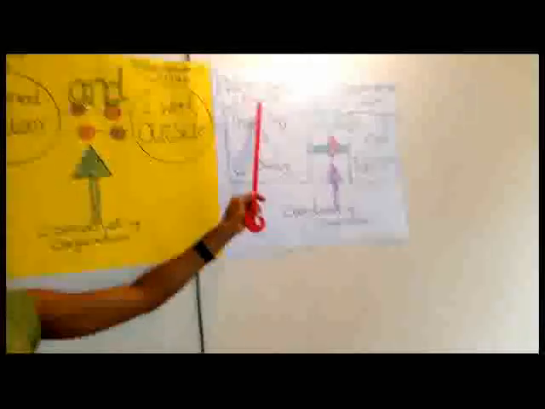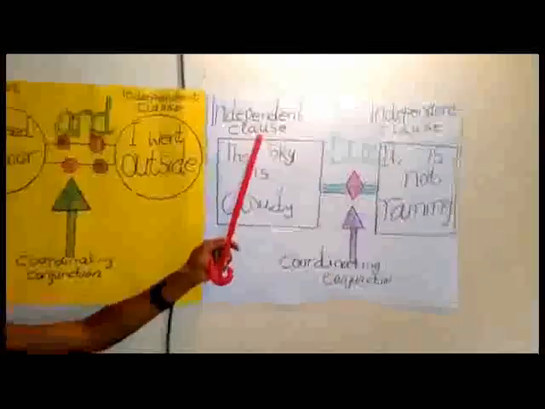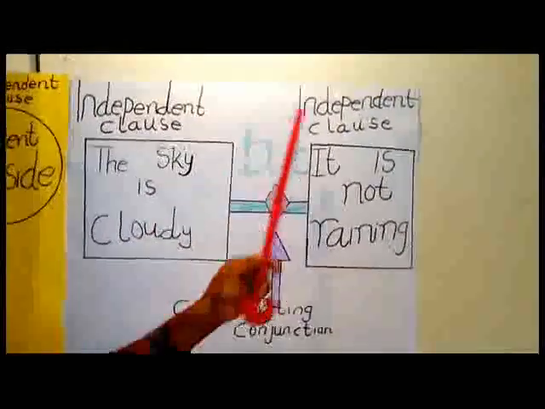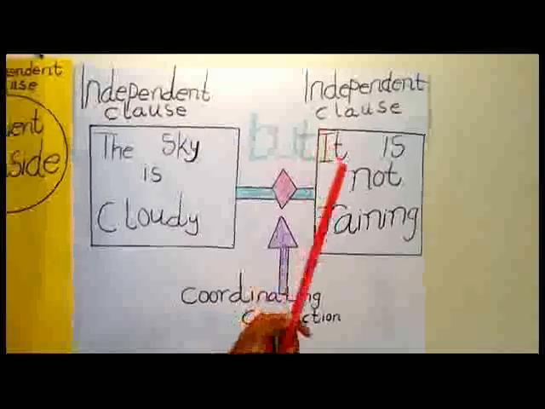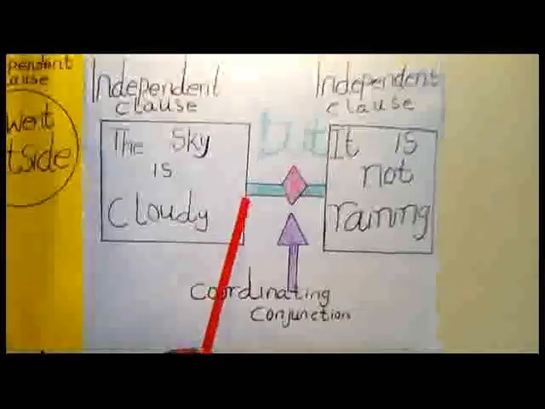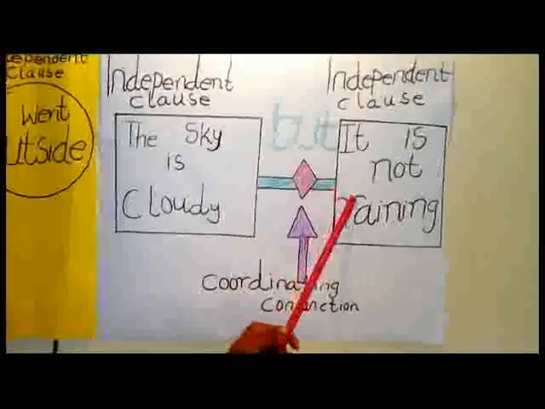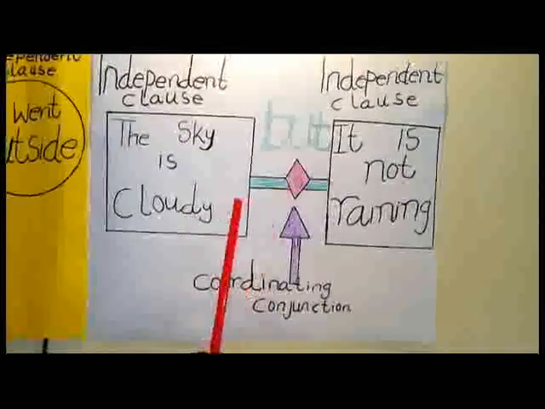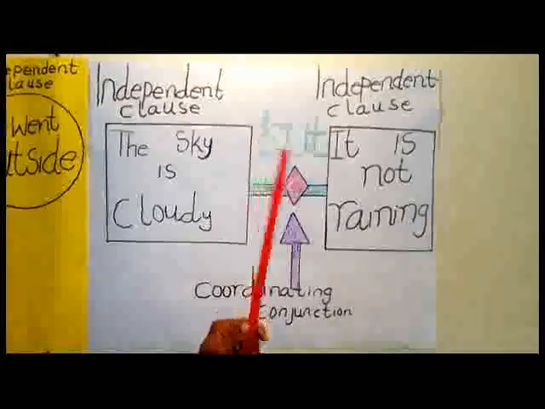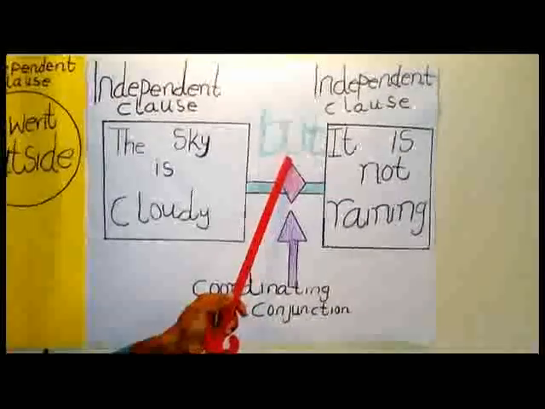This is another independent clause. The sky is cloudy. The next independent clause, it is not raining. So we are going to link these two sentences together with the use of this coordinating conjunction, but.